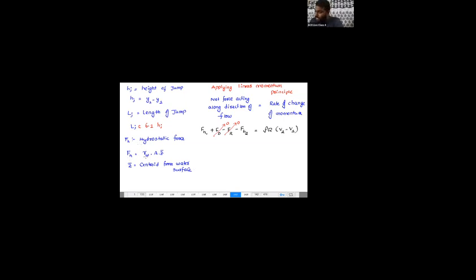Or we can call it Y bar also. So the hydrostatic force is gamma W into A into Z bar. Now, what is the centroid from the free water surface? Please keep that aside, I will discuss it later.